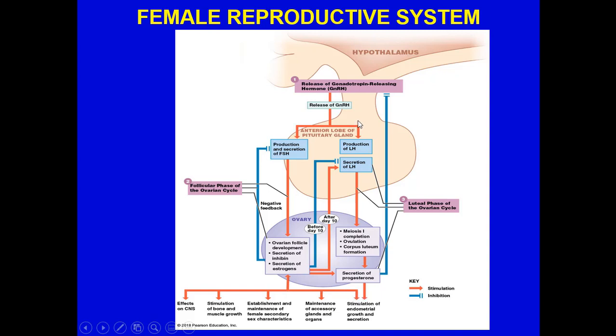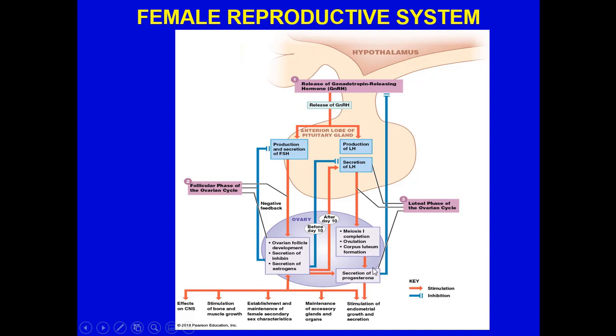But let's not forget the other side of the coin, and that is the release of luteinizing hormone, which is also under the influence of GnRH, and its secretion is involved with meiosis 1 completion, ovulation, and corpus luteum formation. Corpus luteum formation leads to the secretion of progesterone. It also will play a role in the stimulation of endometrial growth and secretion.